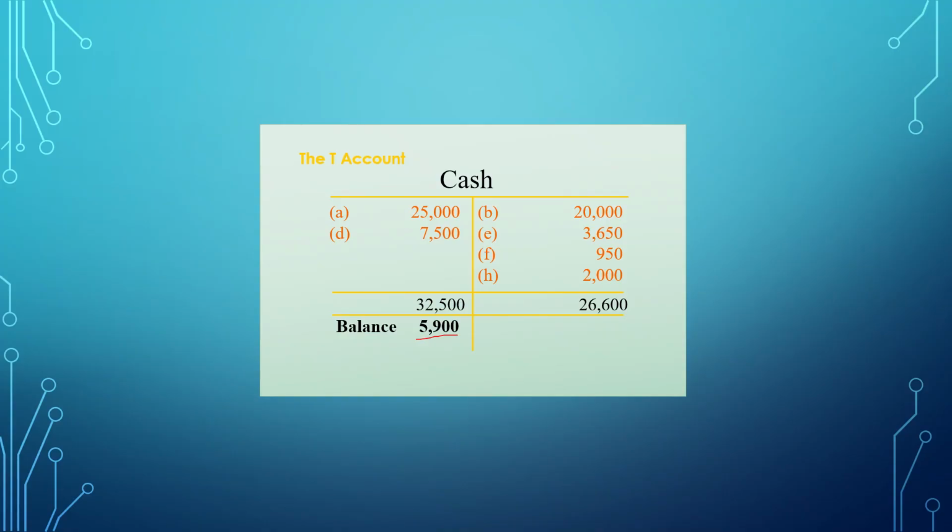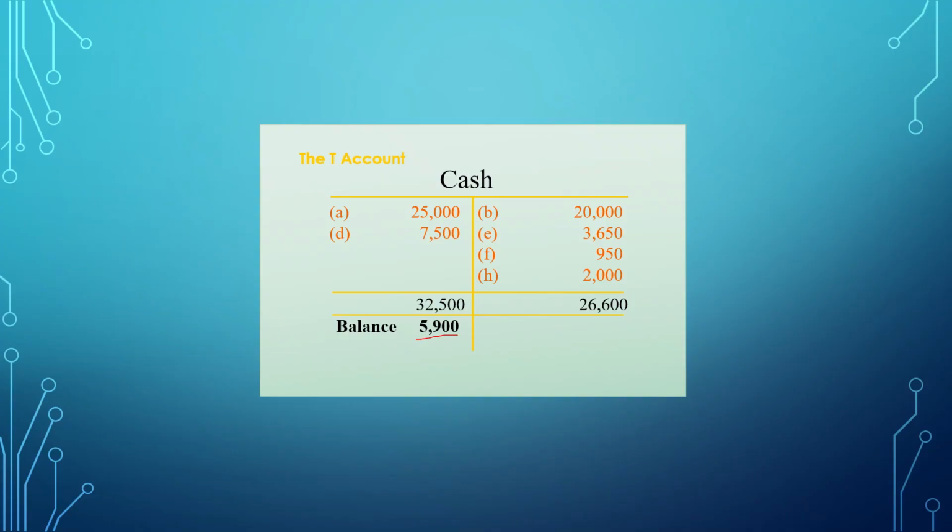So it means that cash had a debit balance of 5,900, which is but normal because cash's normal balance is on the debit side, it being an asset.